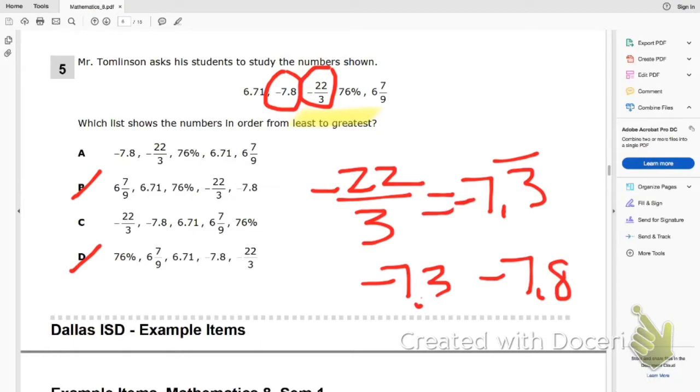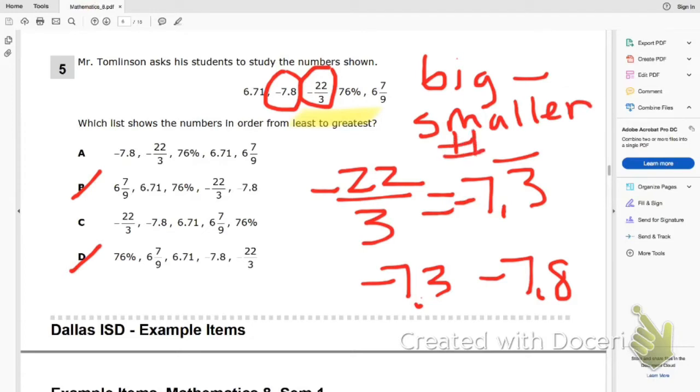Now here's where people run into problems. When they see a negative, for some reason, they just forget. The greater the negative, the smaller the number. What I mean by that is when you go on the number line, negative 4 is smaller than negative 3 because it is a negative.